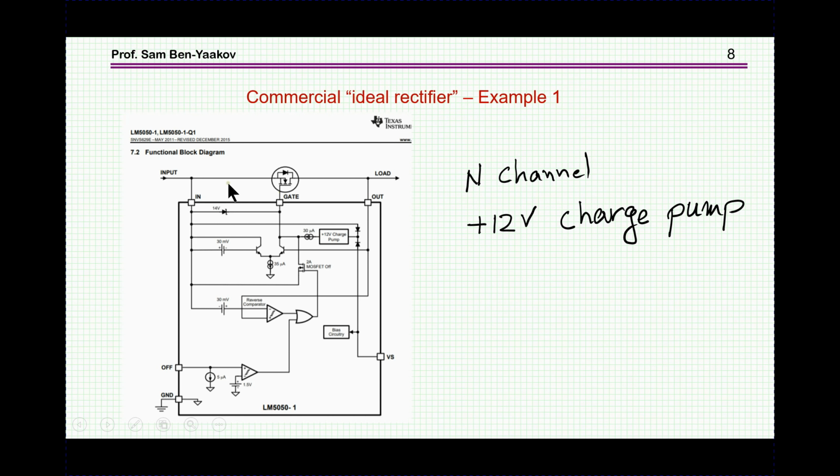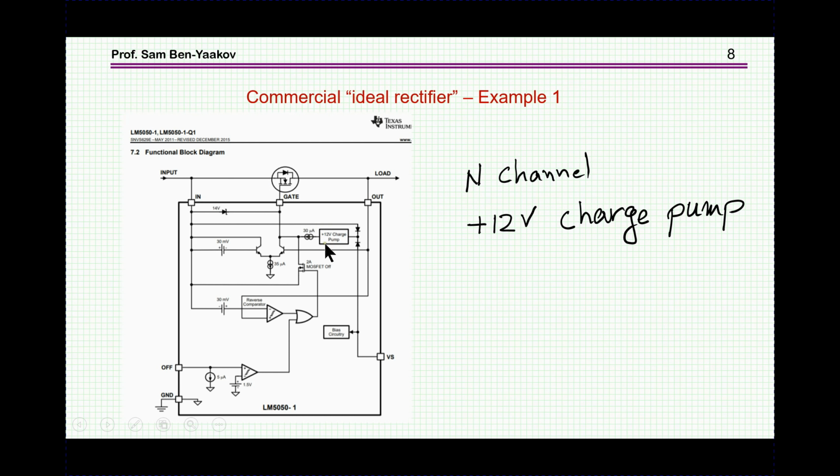So when the transistor is on, the input and the output, the load side potential, are about the same, because the difference is the voltage drop on the RDS on. In order to turn on or keep the transistor in the on state, you need the gate voltage to be higher than the source terminal.